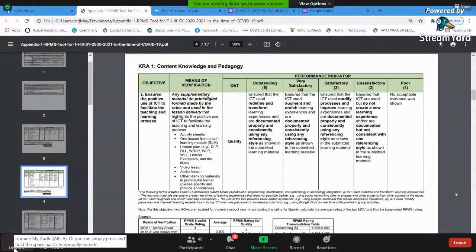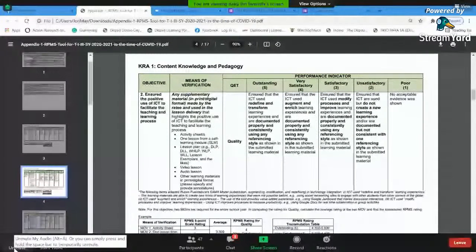Pero ang imong score 4 lang o rating nimo 4 lang, ensure that the ICT use augment and enrich learning experiences and are documented properly and consistently using any referencing style as shown in the submitted learning material. Kanang sa punta makaingon nga nag-augment ka, nga na-augment nimo ang naka-enrich ang imong paggamit sa ICT.